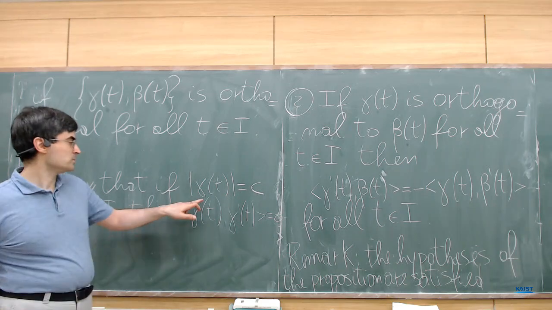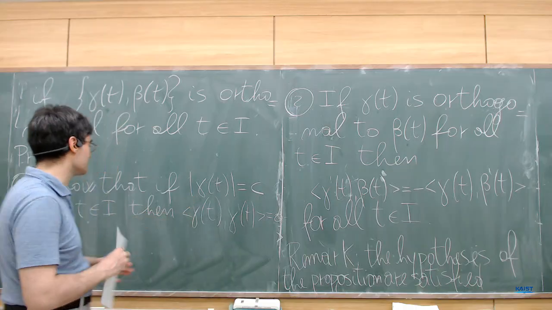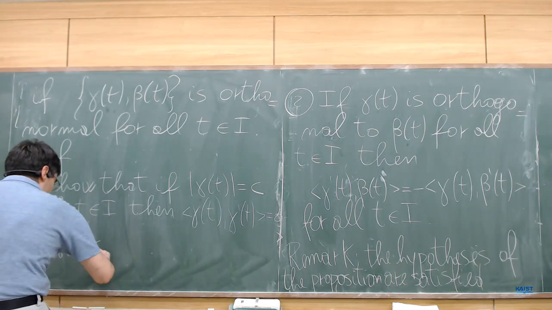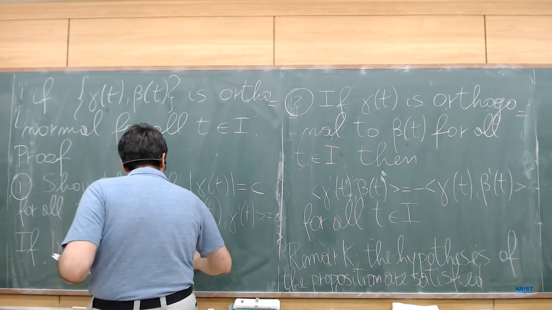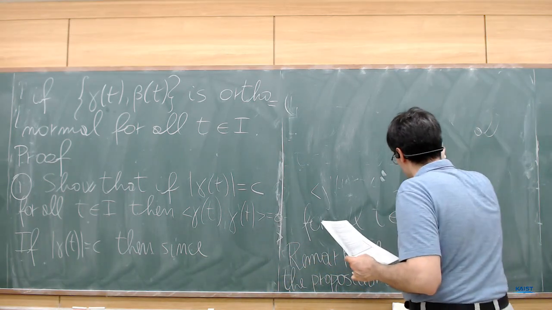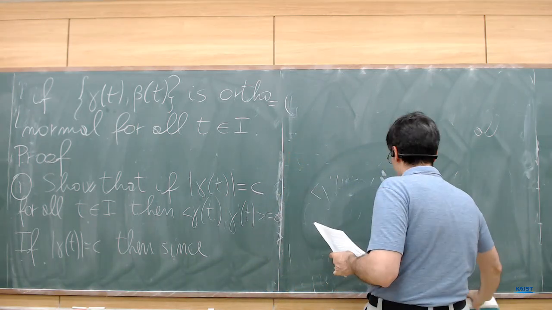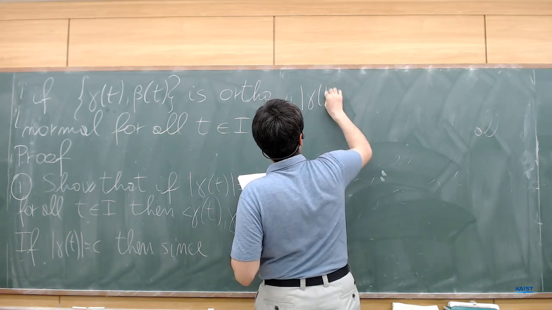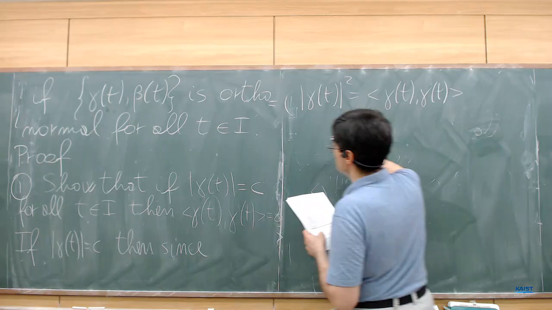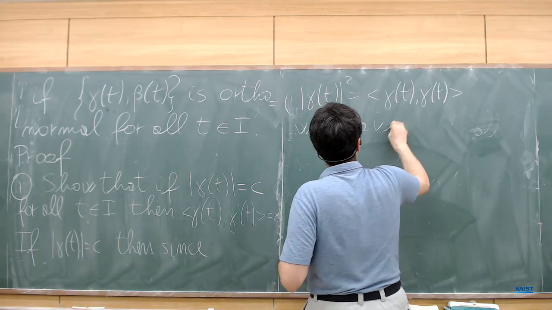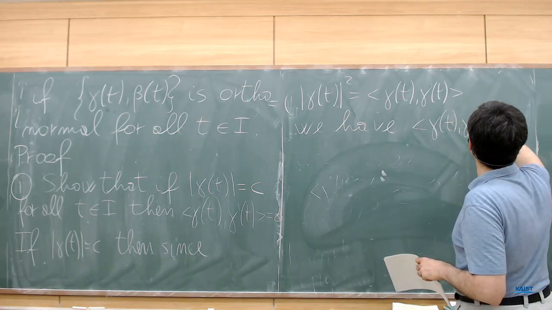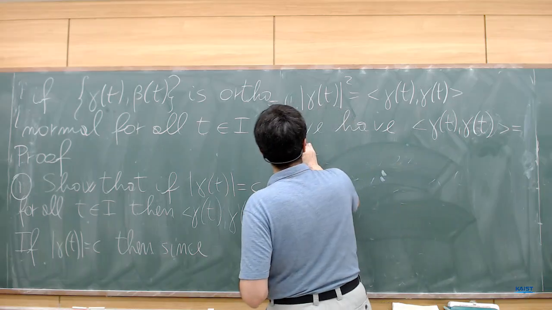We know from one of the identities I presented at the beginning of the class that if the length of gamma t is a constant, then since the length squared is equal to the inner product of gamma t with gamma t, we have the inner product of gamma t with gamma t equal to a constant.